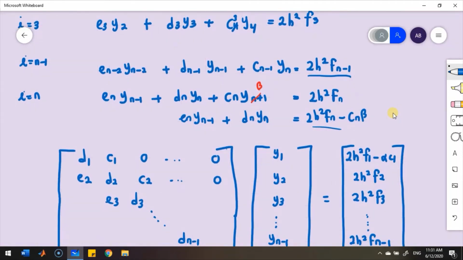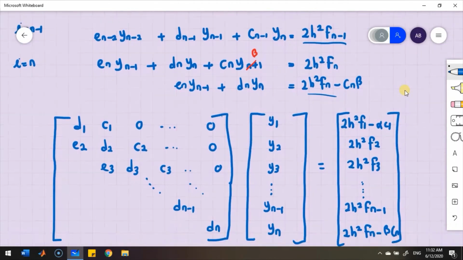So this is c3. Then 0. And then for my n minus 1, I have en minus 2, up to dn minus 1, cn minus 1.